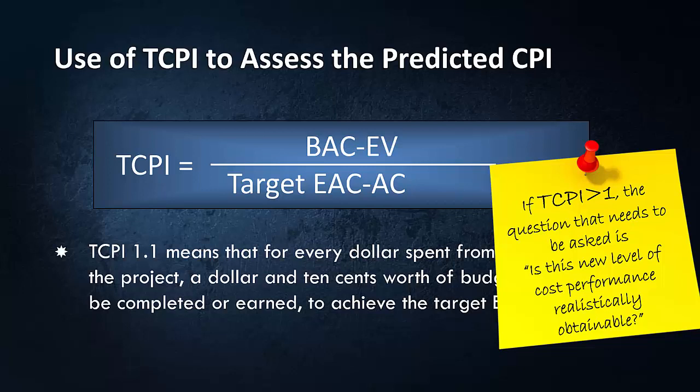Over 1 performance means the projected CPI is over 1, so we have to perform really well in order to achieve that target that we have in mind. So that's why we need to question whether this target is realistically achievable. And this leads us to the next feature of TCPI, which is for assessing the feasibility of a target forecast.